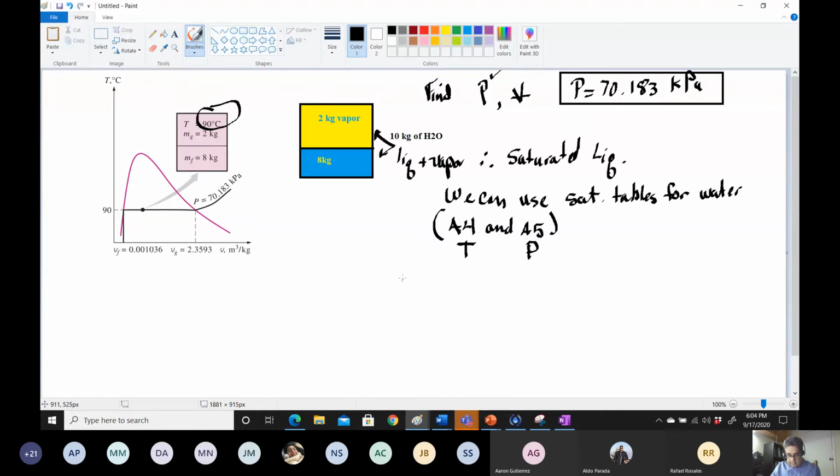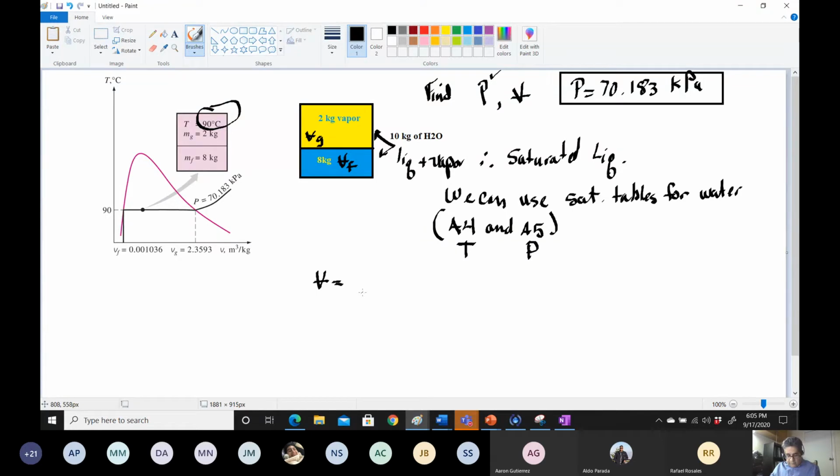All right, so to find the volume, how is it that we determine volume, right? So we need to find V. And from the previous examples that I showed you, the written work, there's two volumes here. There is the total volume, and there is the volume of the vapor and the volume of the liquid.